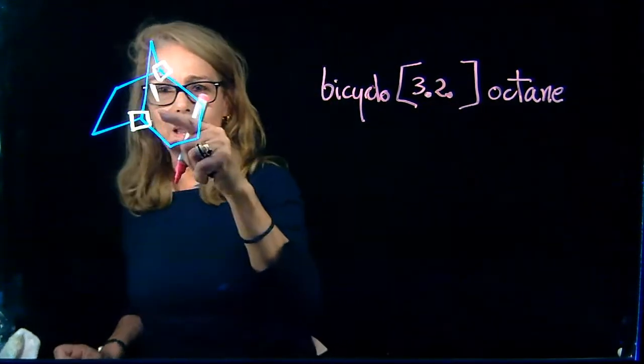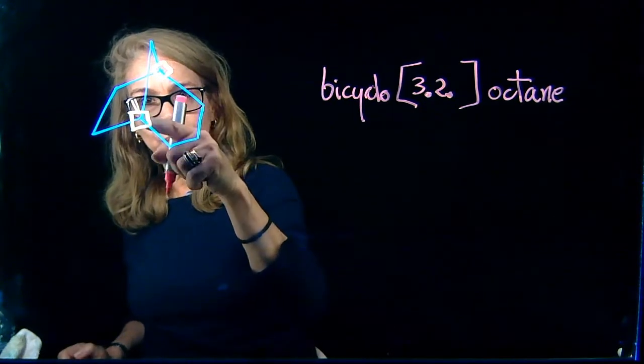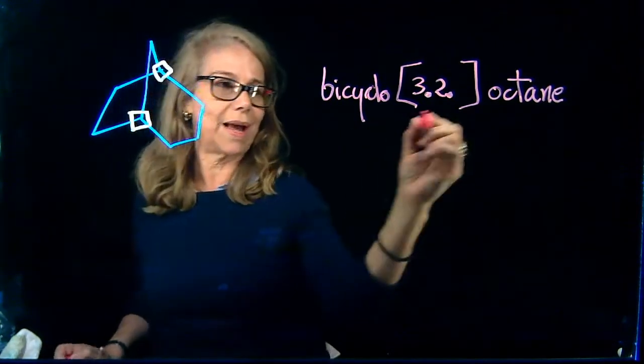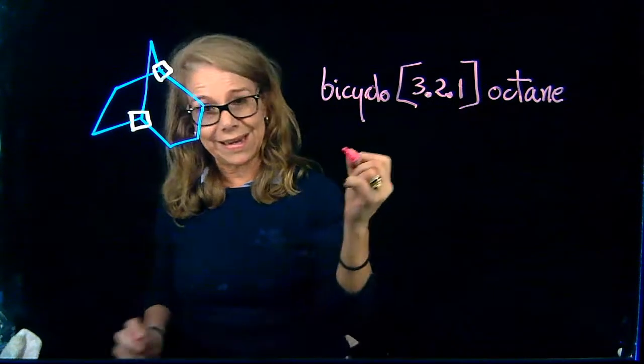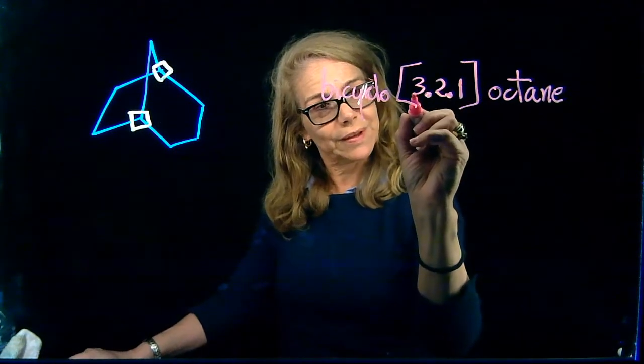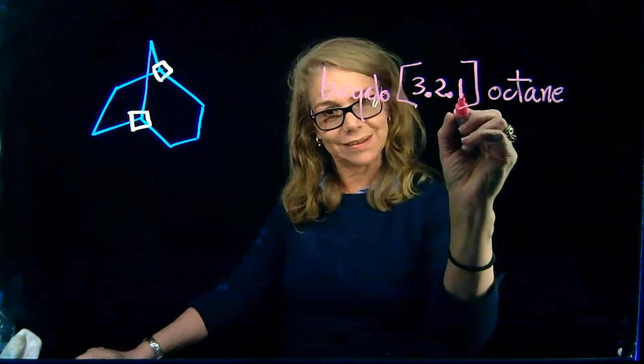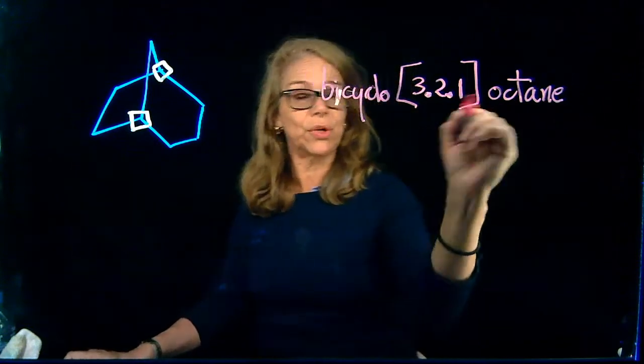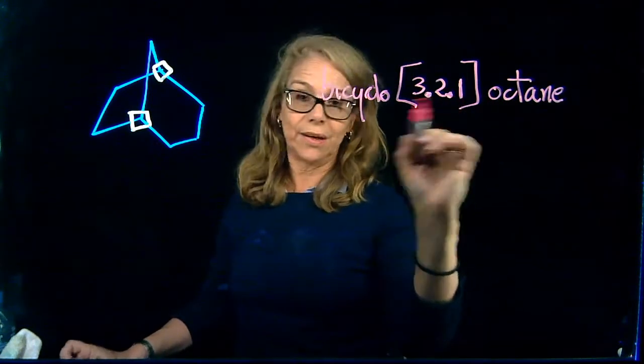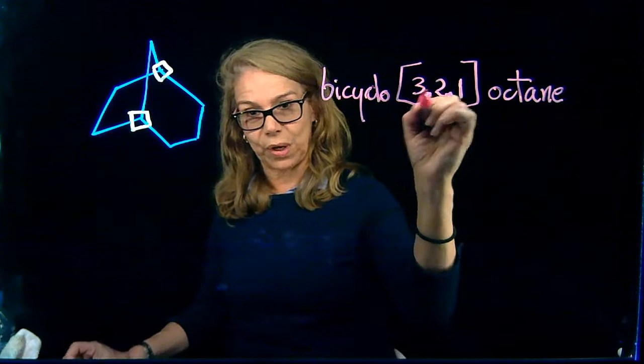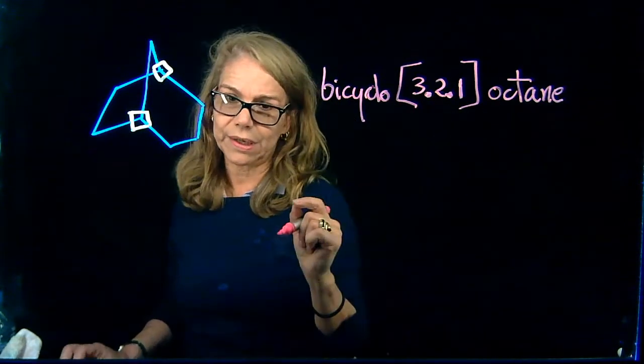Another period, and lastly, on this bridgehead, I have 1 carbon atom here. Notice that I'm listing the biggest number, then the second largest, and this is the smallest number, so 3, 2, 1. You don't do it in another order, so pay attention to the way you're doing the numbering here.